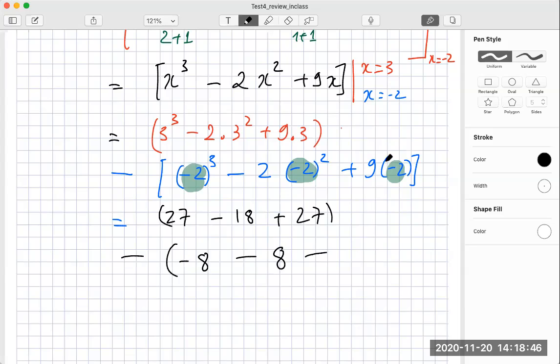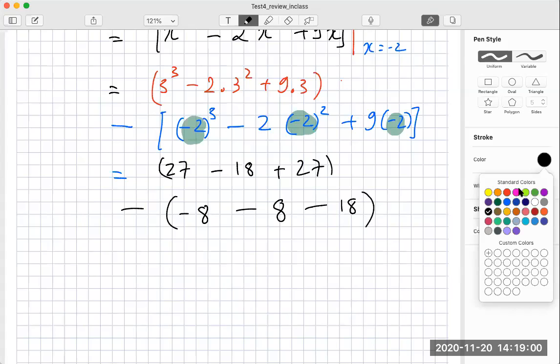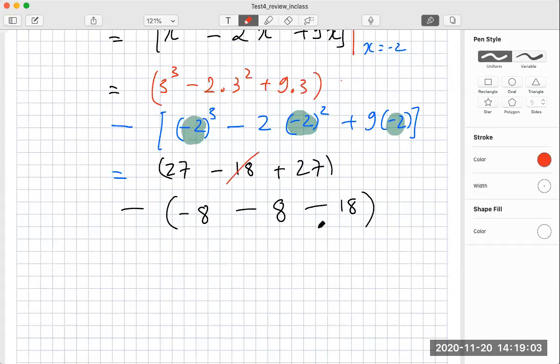Here is minus 18. Okay, simplify it. Negative 18 and here is positive 18, so this cancels this. And here, this is 2 times 27 minus the negative gives us positive 2 times 8, which is 2 times 35.